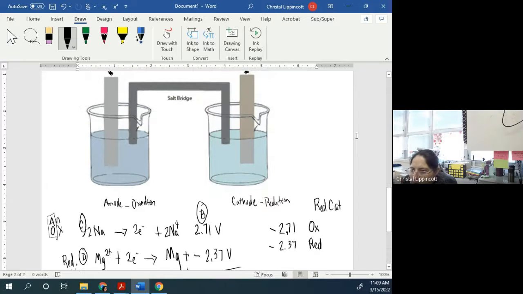All right, so let's talk about how this is going to happen. We know that our anode is going to have sodium. So this is going to be sodium metal here. This is going to be magnesium metal.